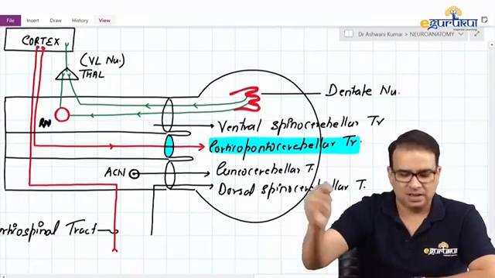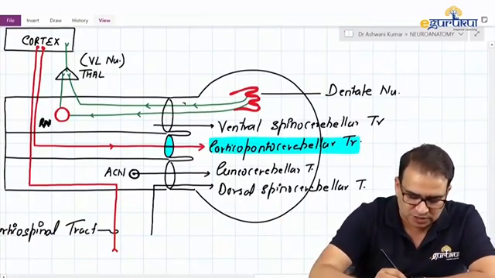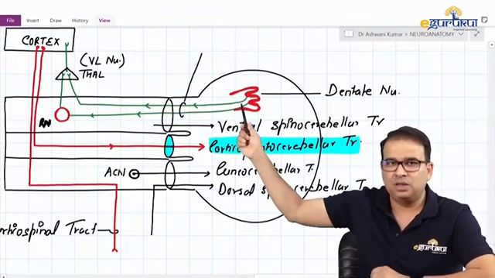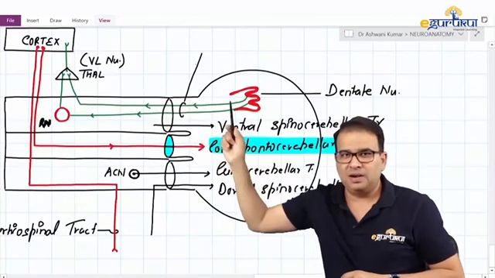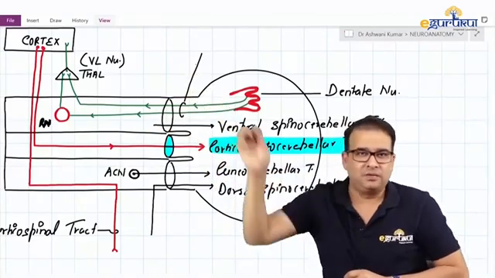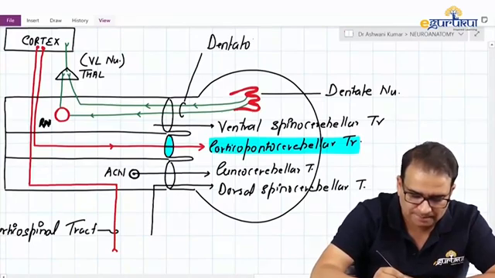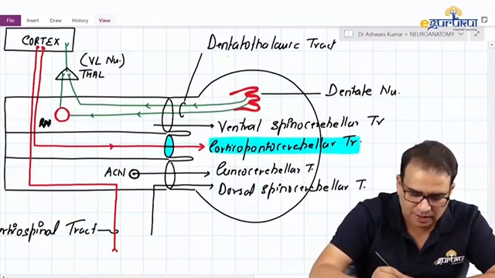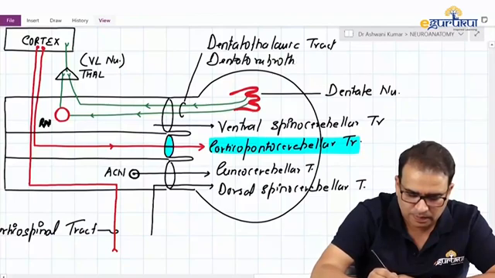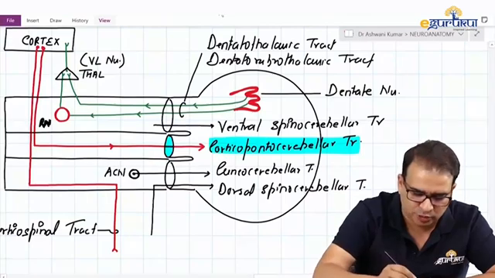So that's the feedback. So what are the two feedback tracts which you see in the superior cerebellar peduncle? Looking at their pathway, you can call it dentato-thalamic or dentato-rubrothalamic via the red nucleus. So we have the dentato-thalamic tract, and then we have the dentato-rubrothalamic tract.